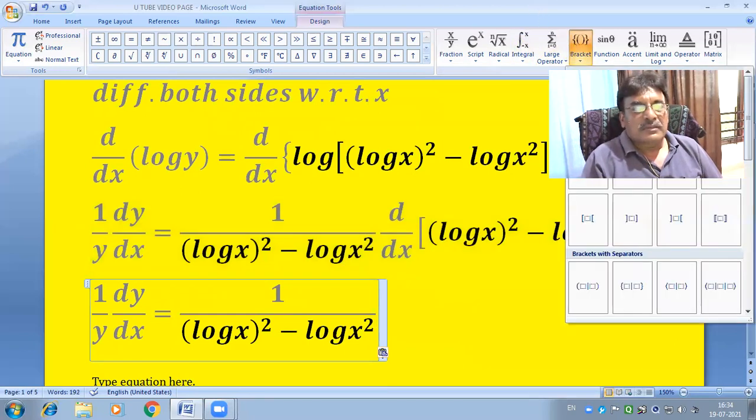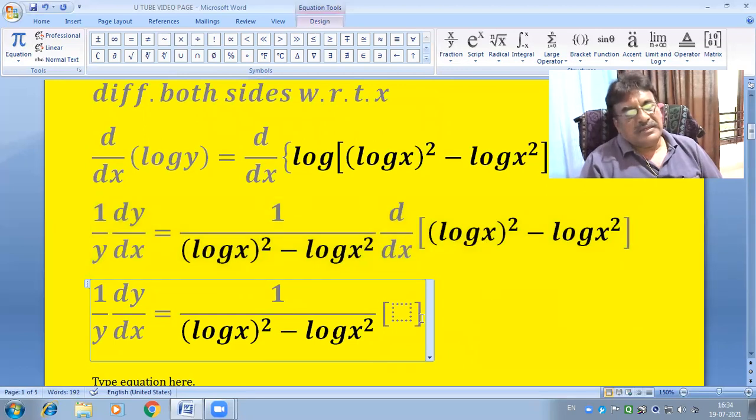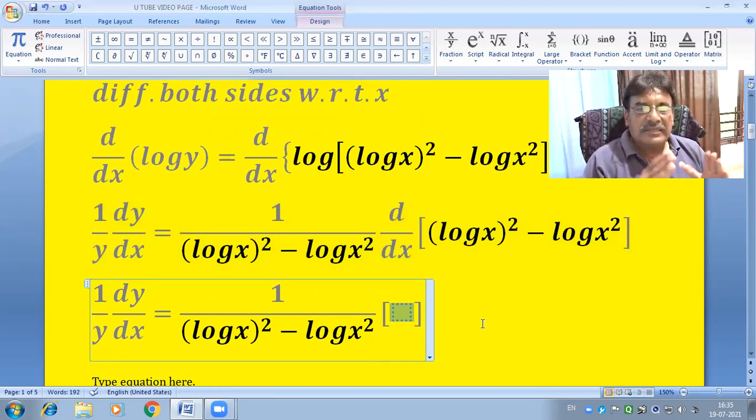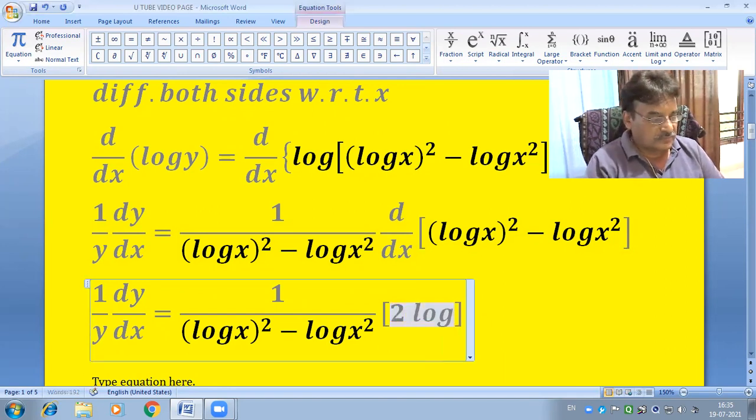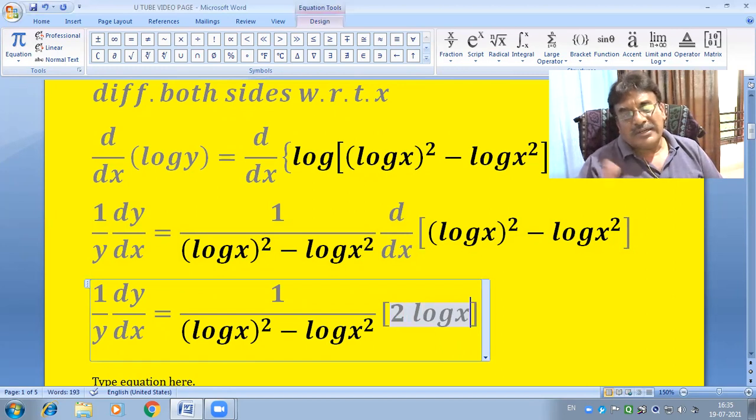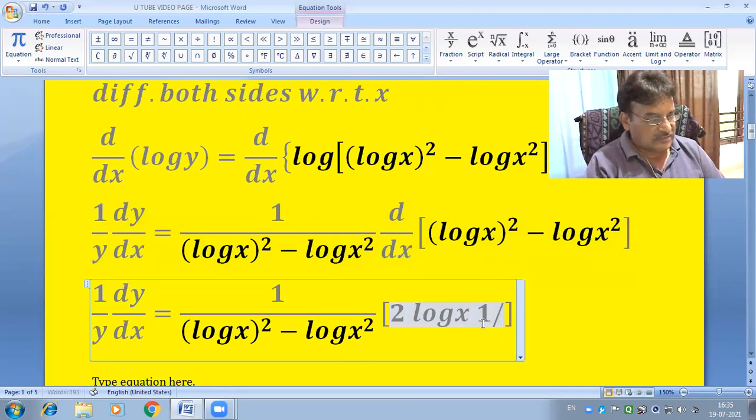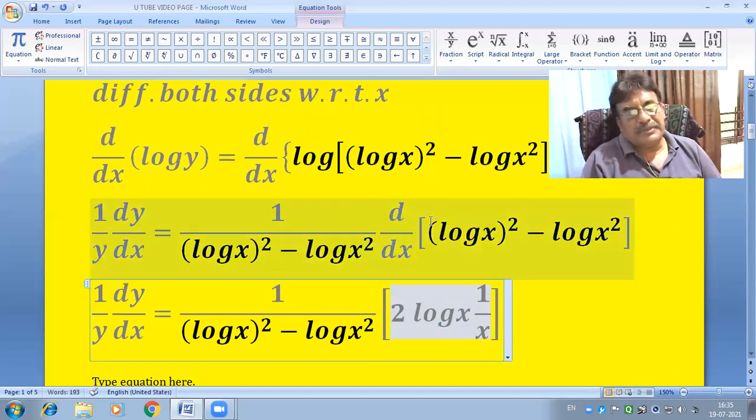Therefore, d/dx of (log x)². Use here the formula d/dx of f(x) to the power n is n f(x) to the power n minus 1 into f dash of x. So here 2 into log x into d/dx of log x, that is 1 by x. Again we repeat this.